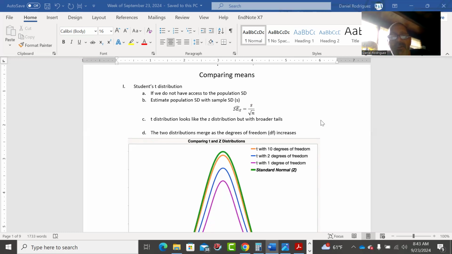If you recall from our discussion on distributions and testing, we can calculate the standard error of the mean by dividing the standard deviation by the square root of the sample size, right? We talked about that before, but here you'll notice that instead of a sigma, which meant population standard deviation, we use the sample standard deviation because it's an unbiased estimate.